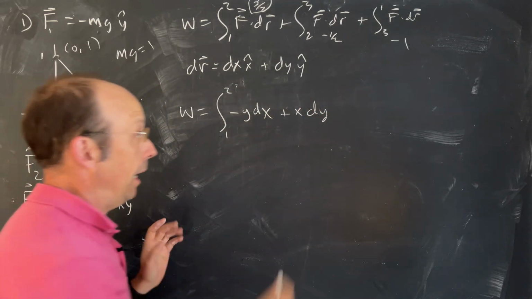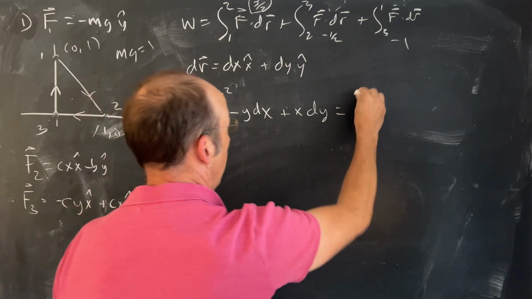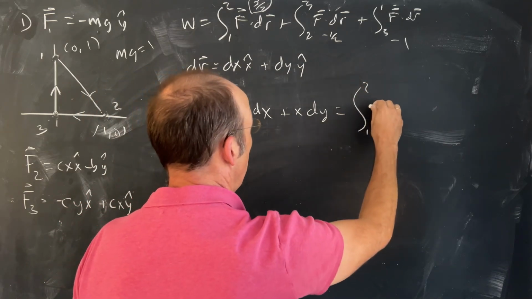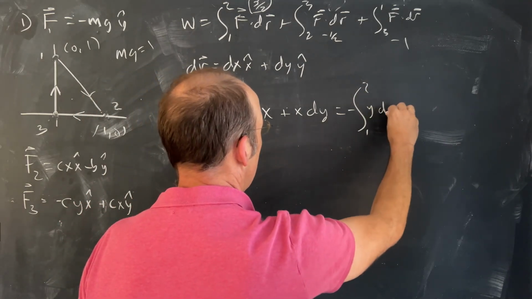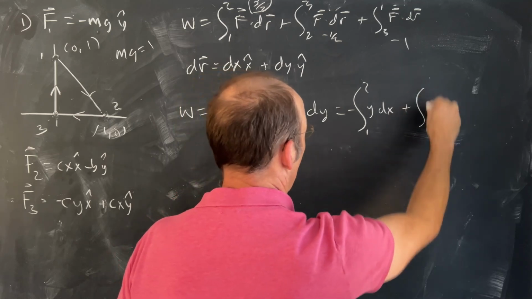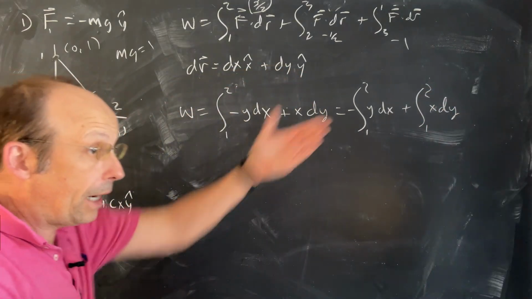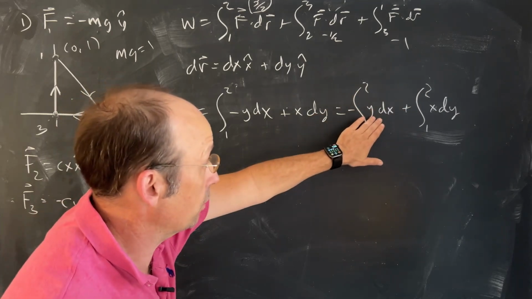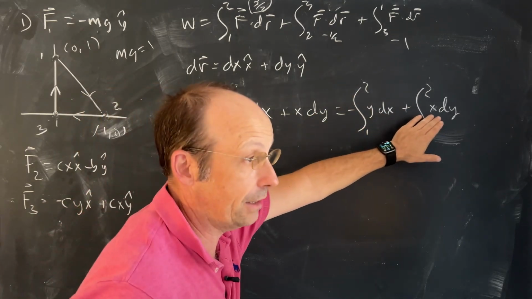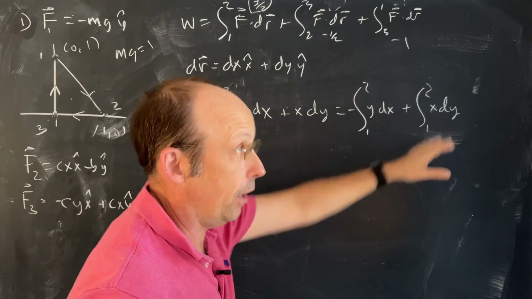Now I have a problem. I can still break this into two integrals from point 1 to 2, of negative y dx plus the integral from 1 to 2 of x dy. But I can't evaluate those integrals because this has a y and an x, and this has an x and a y.